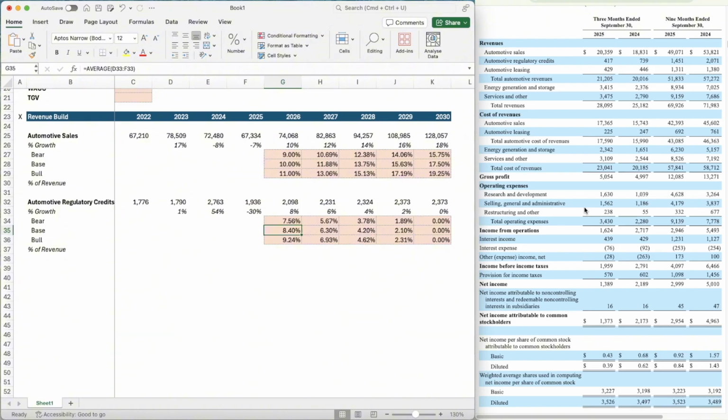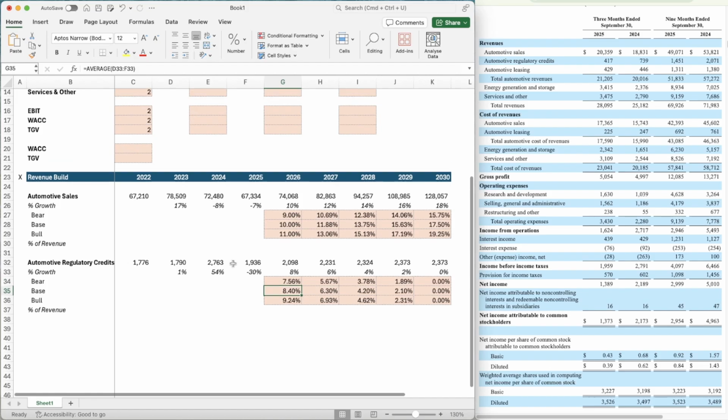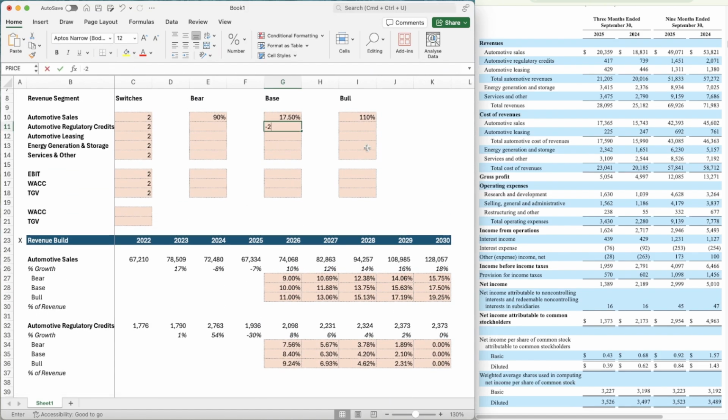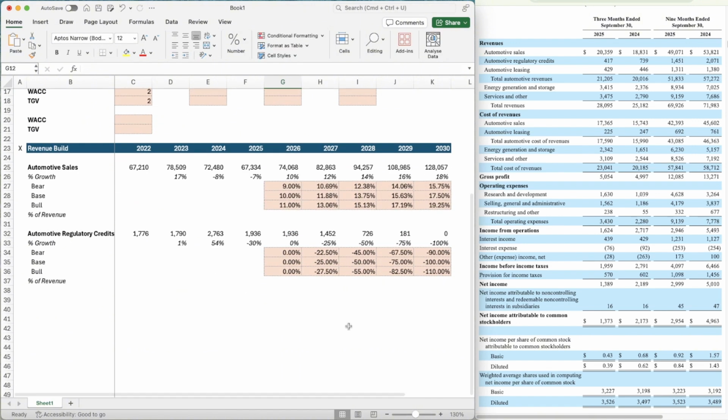No, I mean, this is going to go down to, let's go minus, say minus 25%. See what that looks like. Or maybe even minus 100. Yeah, I think let's do that.